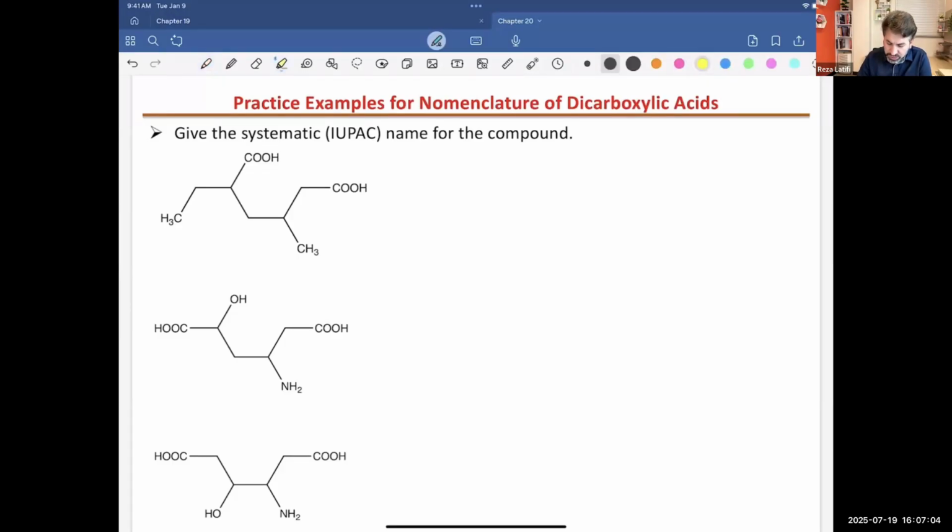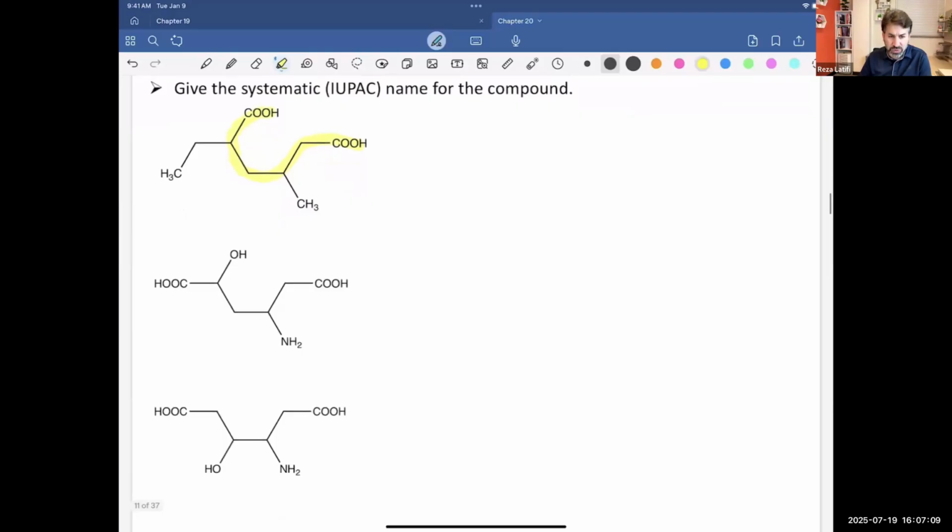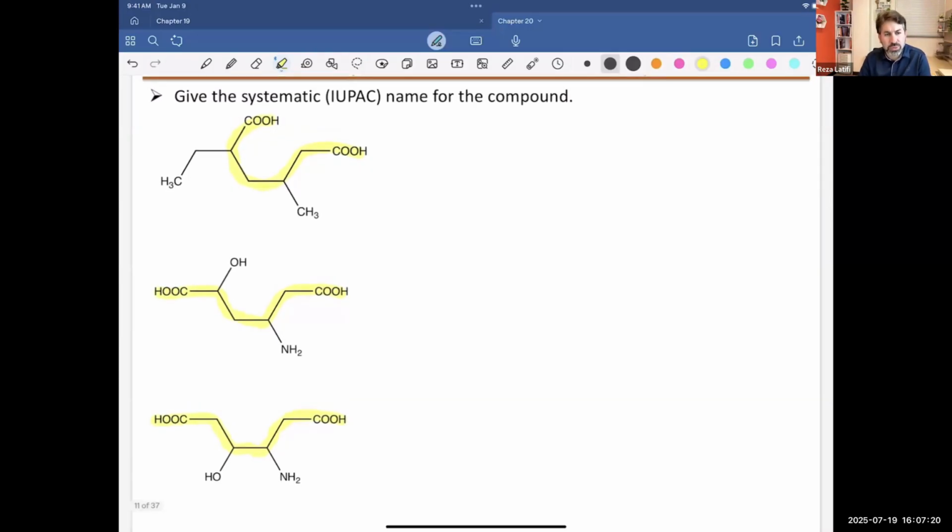And again, the main chain will be the chain that has both carboxylic functional groups. So regardless of what you have attached to the molecule, the main chain starts with carboxylic acid, and it will end with the same functional group. In this case, I have ethyl and methyl, and I'm going to start labeling from the left side, because the ethyl here will get 2 instead of 3 for methyl.